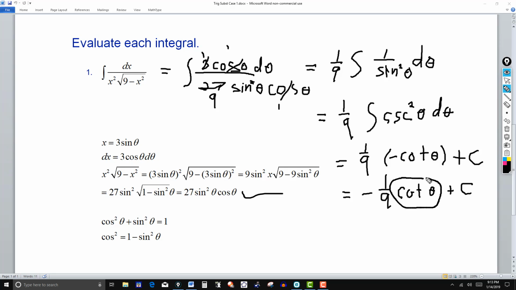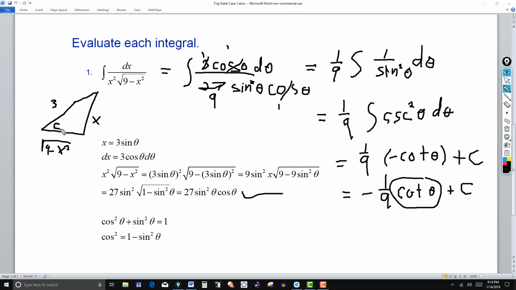Let me just do it here as a reference. Right triangle here. So sine is x over 3, and this side, remember, was the square root of 9 minus x squared, and then this is theta.